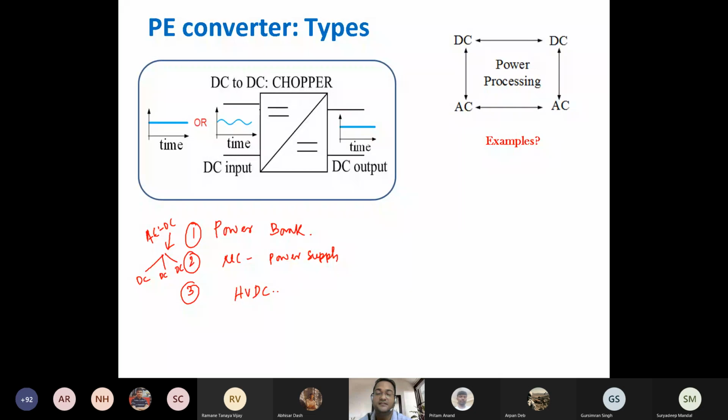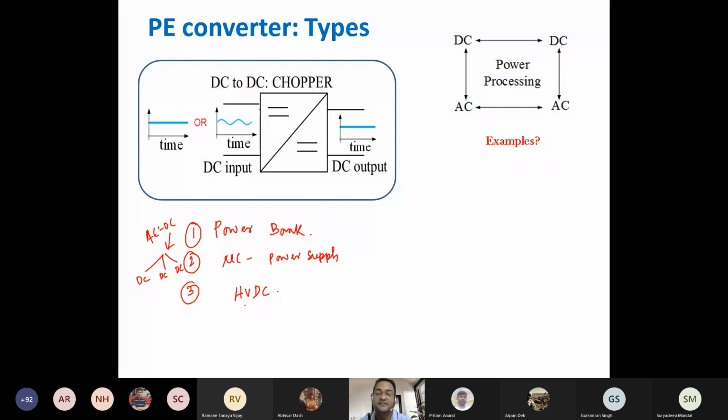One more example, let me give you. Solar. Okay, solar photovoltaic is actually DC, but this DC is not like a battery. It is kind of a variable DC; the output varies based on the time of the day and temperature.